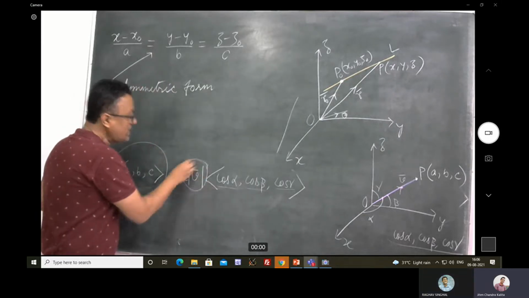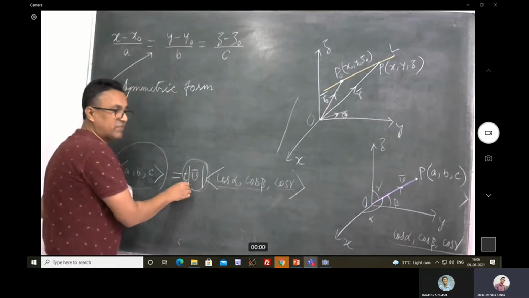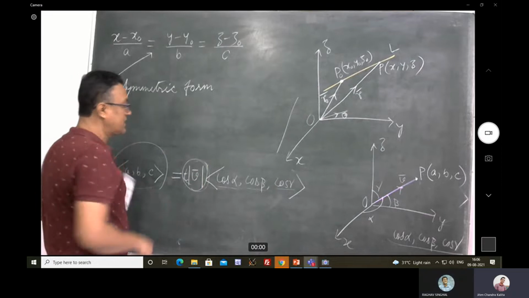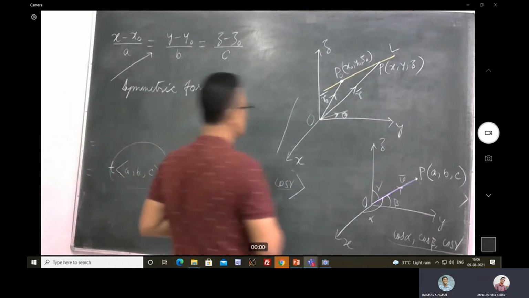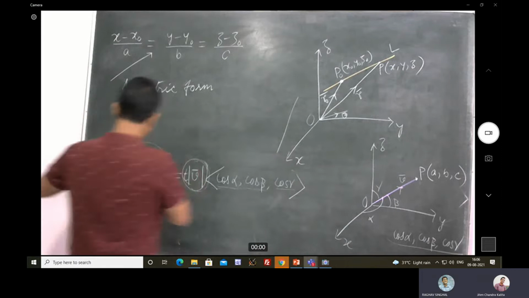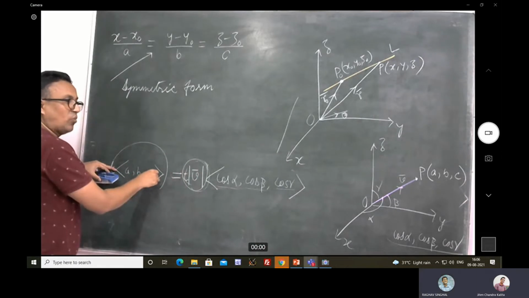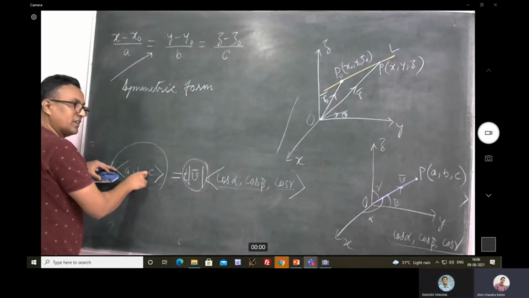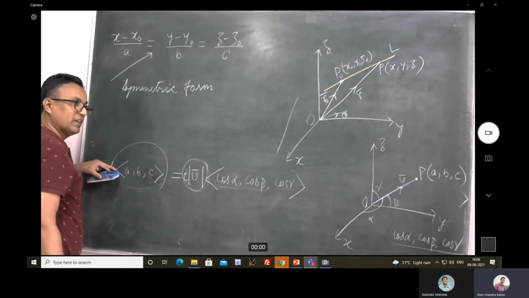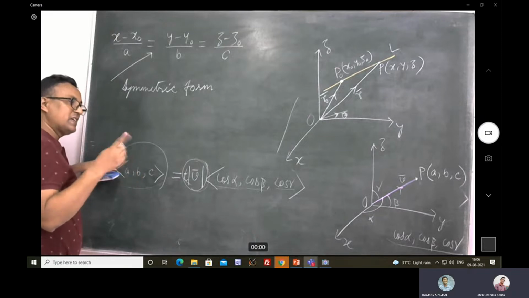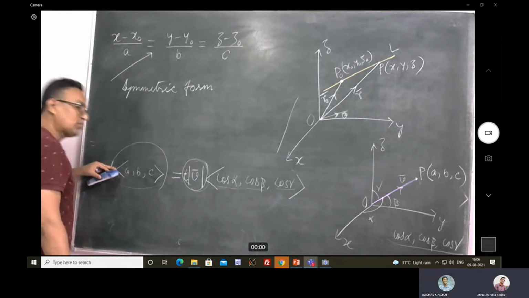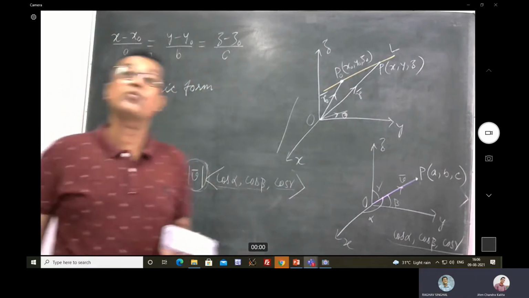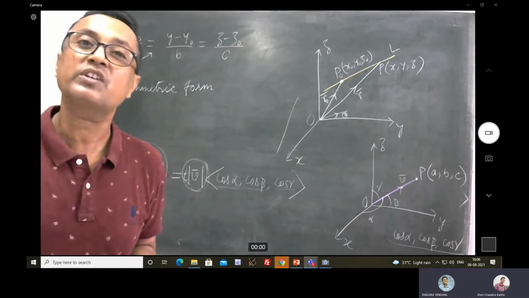But the multiple is different. So if I want to relate this A, B, C, which are nothing but the components of the original vector V bar, it bears a ratio with the vector parallel to it. And if I want to relate them to the direction cosines, that is why these A, B, and C are called the direction ratios.